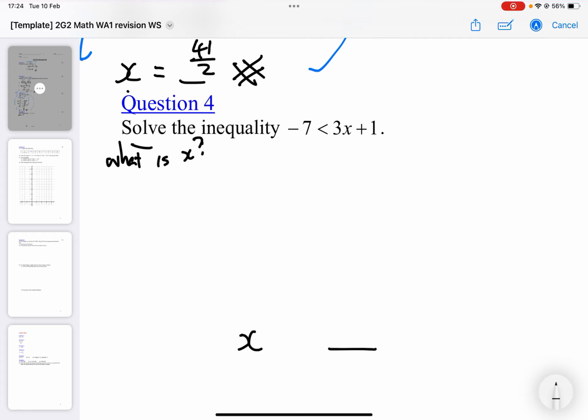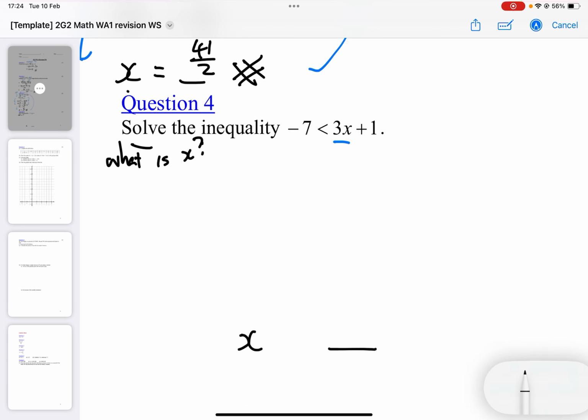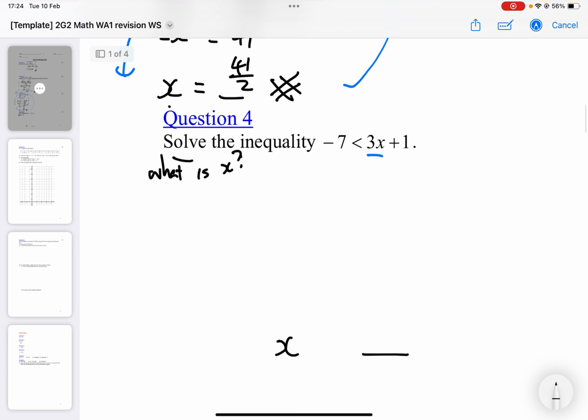So if I go and start with this inequality, solving inequality is almost exactly the same as solving equation. I want to move my x term to the left to be alone. Okay, so I want to move my 3x to the left. I want it to go to the left, I need to minus 3x from the right, then it will disappear.